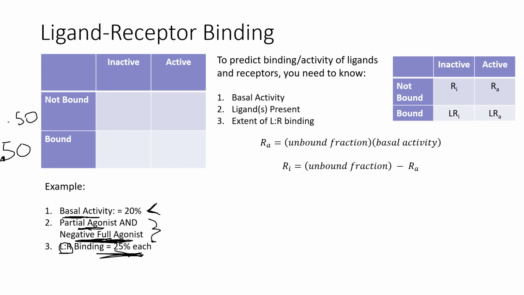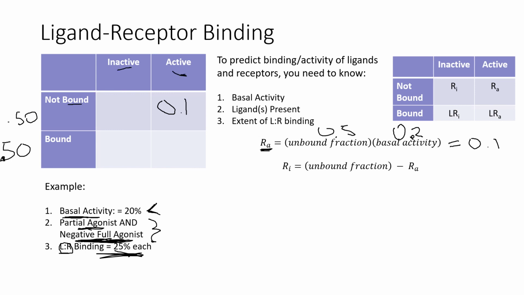And so we can find Ra. We're going to do that again first, where we know that the unbound fraction is going to be 0.5, and then we know the basal activity is 0.2. This means that Ra is going to be 0.1. So 10% of all of these receptors are unbound, but also active.